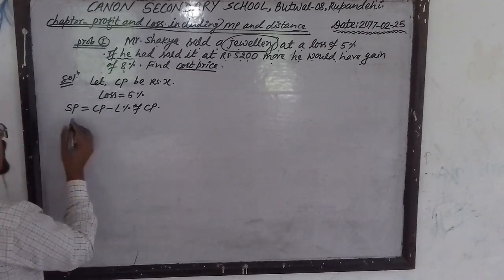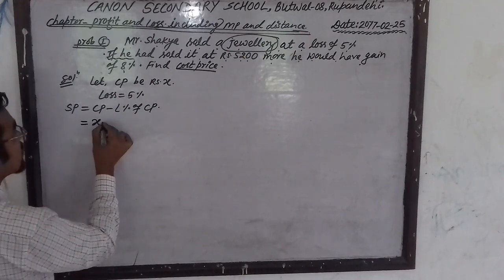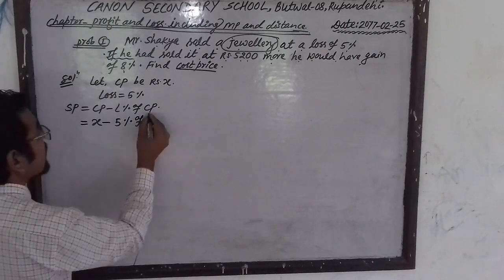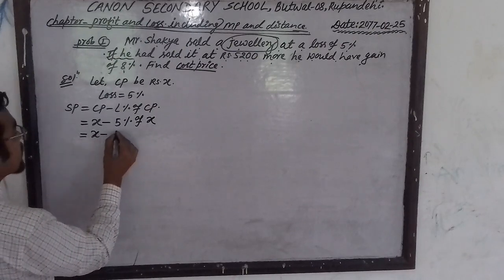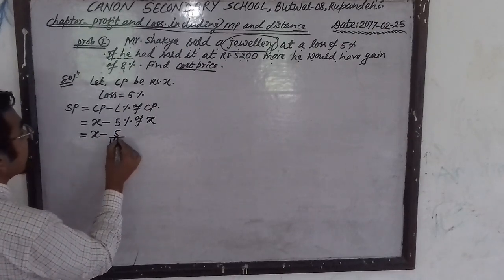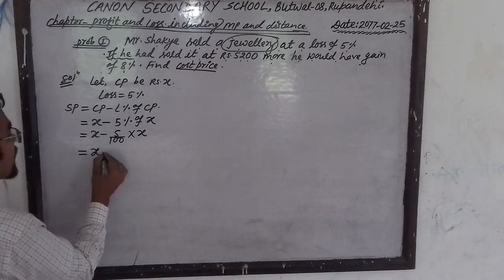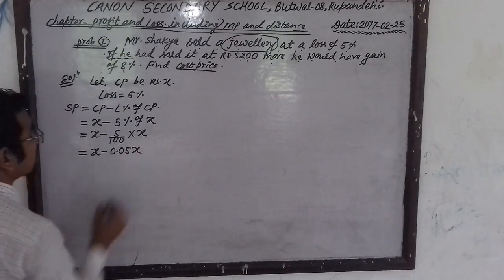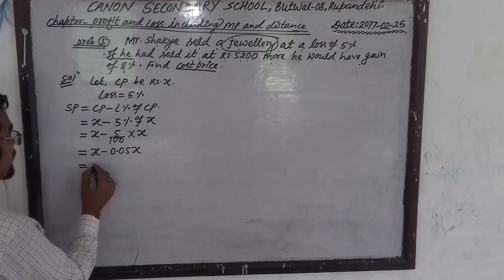Now we put CP as X, so X minus 5% of X, which is X minus 5 per 100 multiplied by X, that is X minus 0.05X.